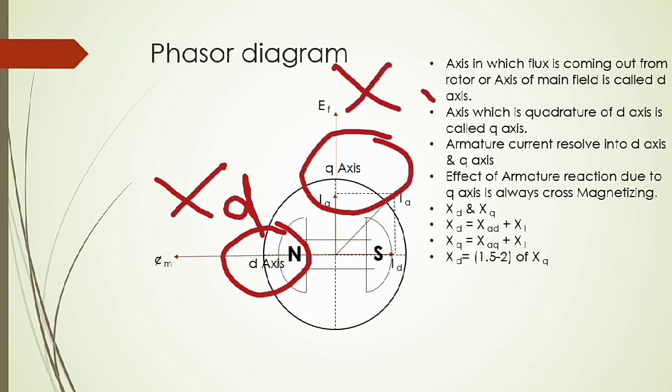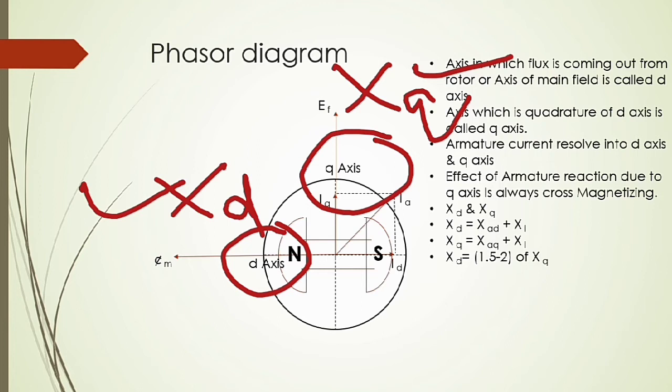So there is a synchronous reactance at the d axis and a synchronous reactance at the q axis. Both have the phenomena of armature current. Whatever impact is coming through the armature current in the q axis is the reason to generate the synchronous reactance on the q axis.